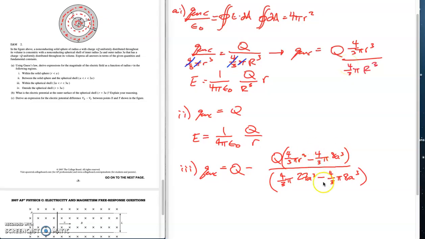So we have the enclosed volume divided by the total volume, and once again all of the 4/3 pi's cancel out. Now what we have is a ratio where this is r cubed minus 8a cubed, and this is 27 minus 8, which is 19a cubed.